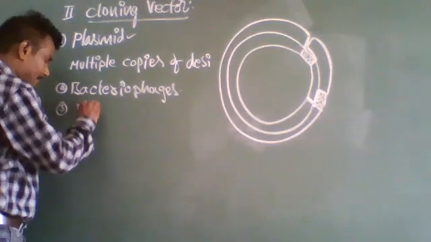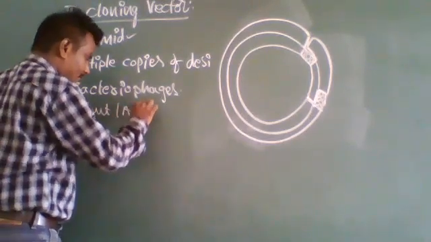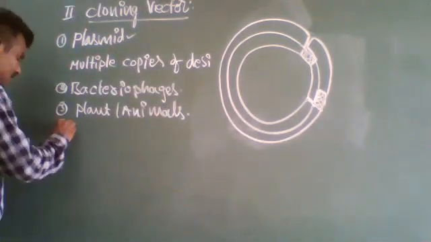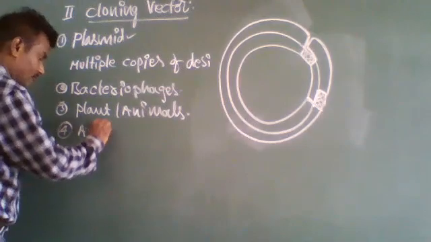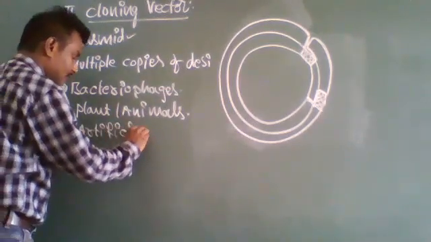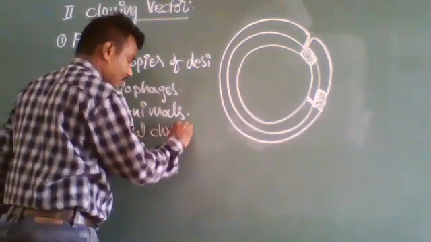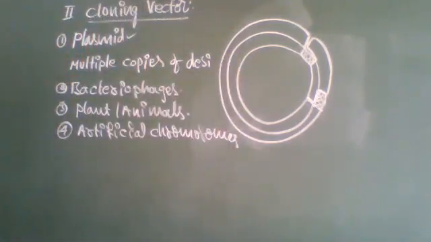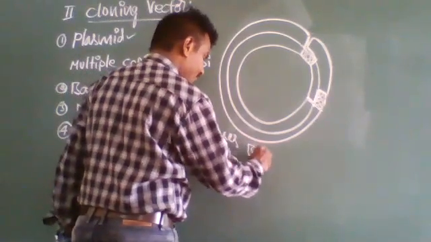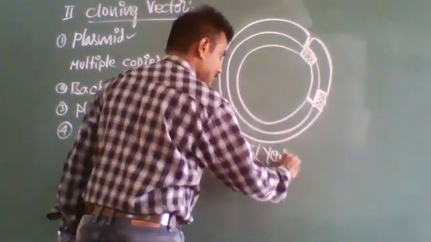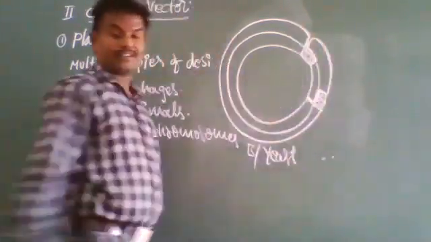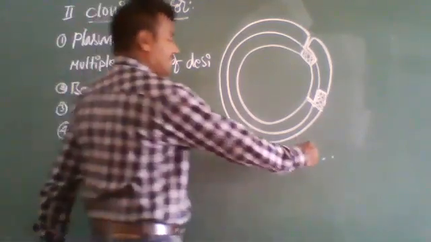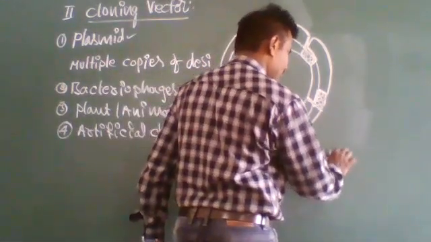Third one is artificial chromosomes of bacteria, yeast, etc. Etc. means here also mammals.